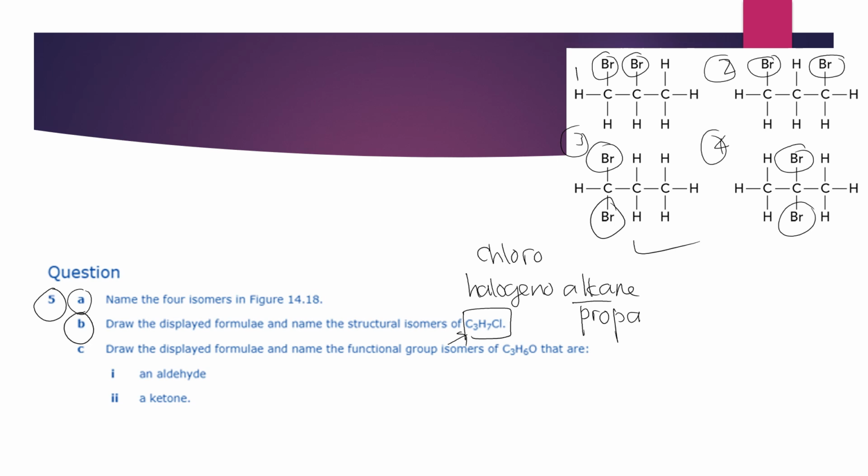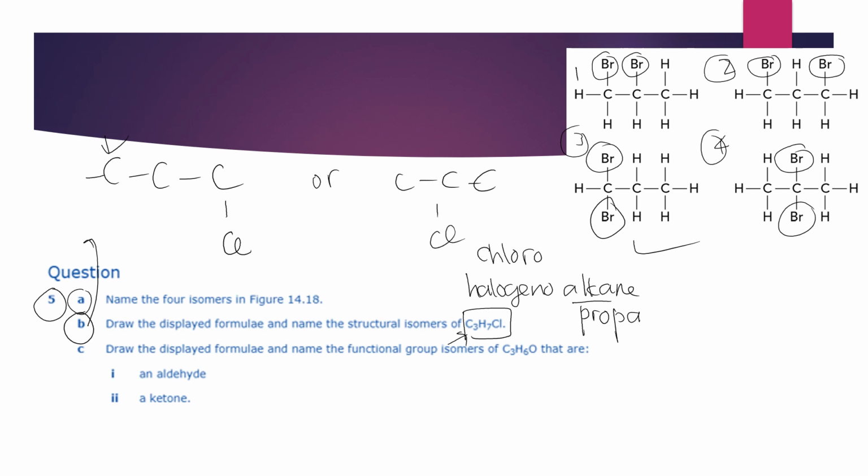When we have 3 carbons, then the position of Cl can be on carbon number 1, or on the other end, the same, or on number 2.